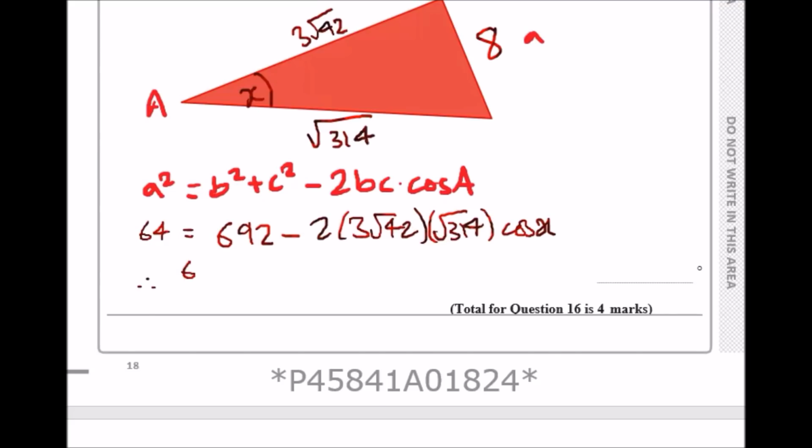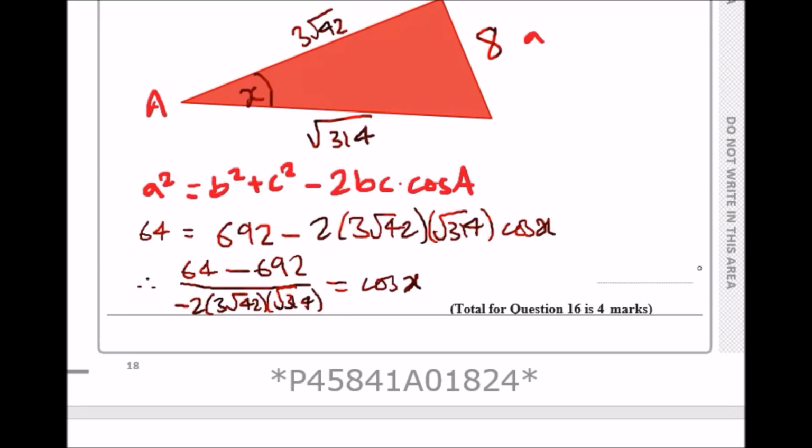So therefore we have 64 minus 692 divided by this quantity, which is minus 2 times 3 root 42 times root 314. And all of this must equal cos x. Okay, so in your calculator, have a go at this first. Try simplifying this unless you've already done this.